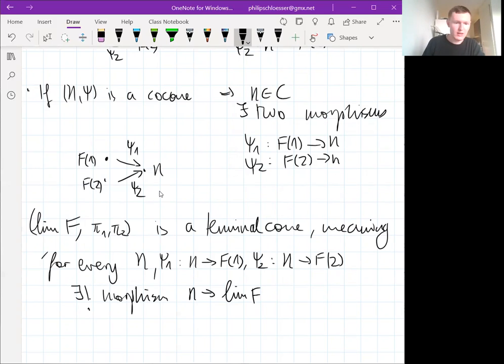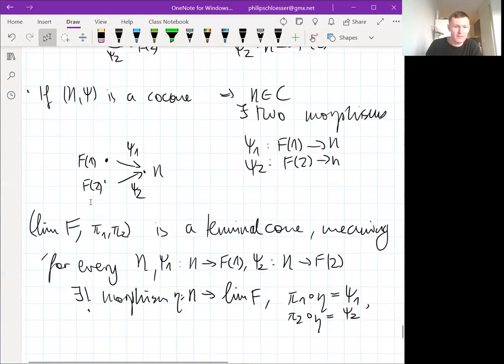That's just the terminal thing, but now what does it mean to be a morphism of cones? Well, it means that it respects that property, meaning that, they call it eta, if we put pi1 after eta, then that is equal to psi1, and pi2 after eta is equal to psi2.